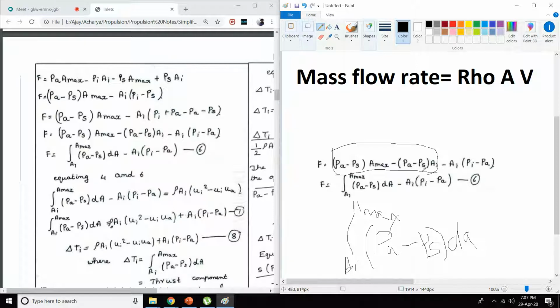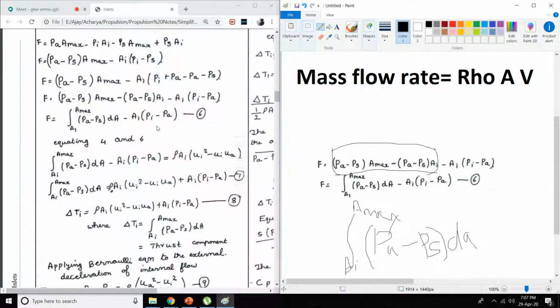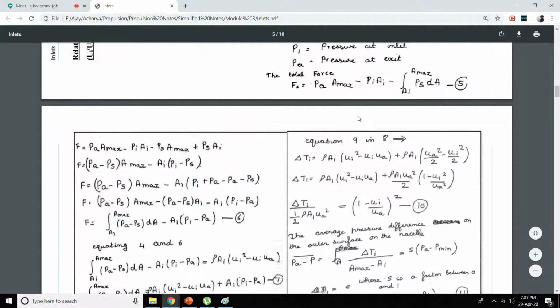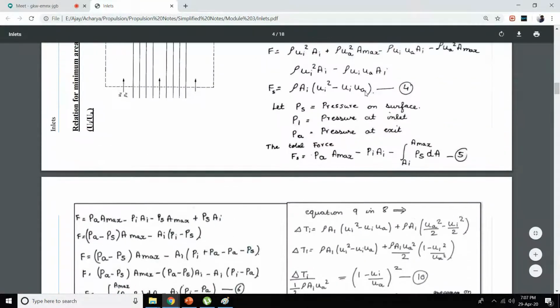So this term is clubbed as one term. So if you want to integrate this, since this is a common, DA will be what? Amax minus AI. So Amax minus AI will get multiplied. So you are just making that small substitution. Okay. So now you have this. So now you obtain this.